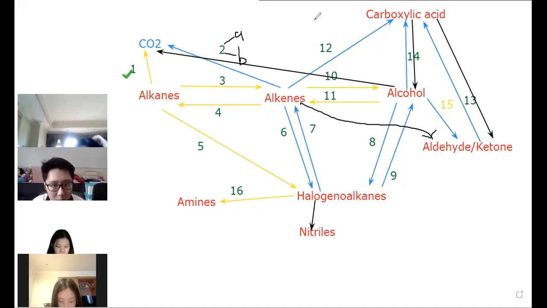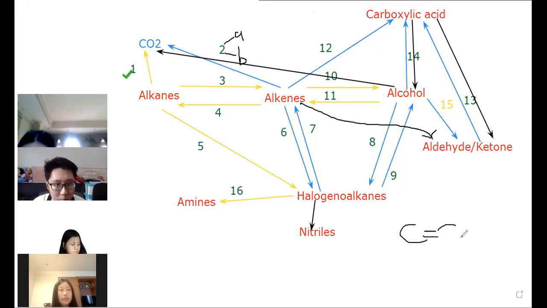What is the condition for the alkenes so that the reaction can occur? This one is the structure of alkene.